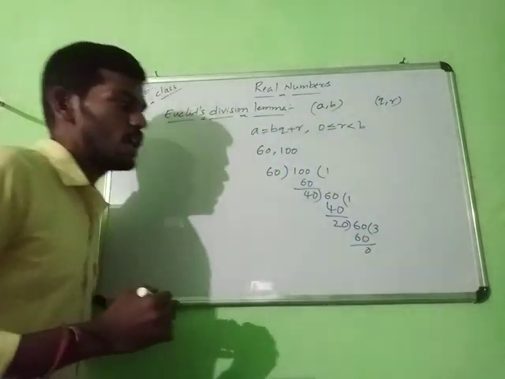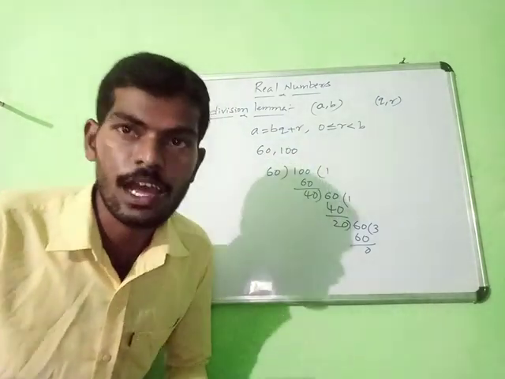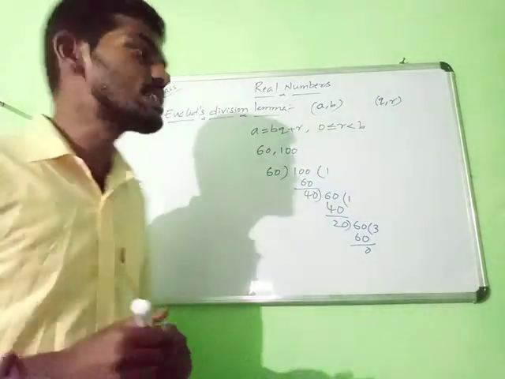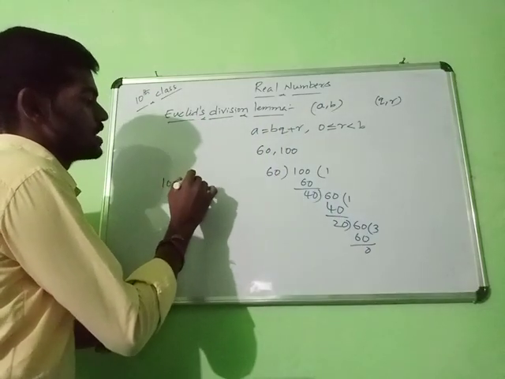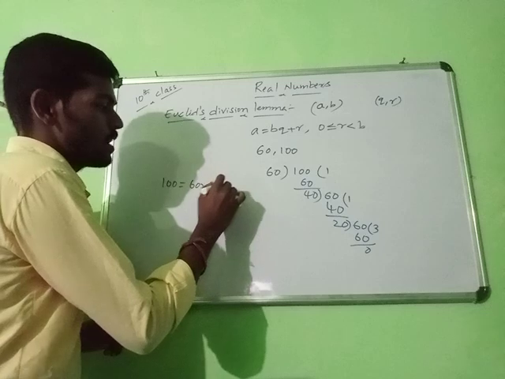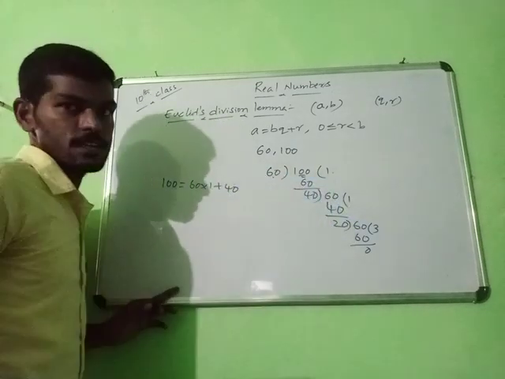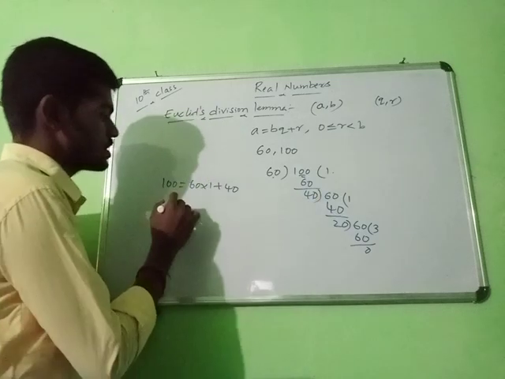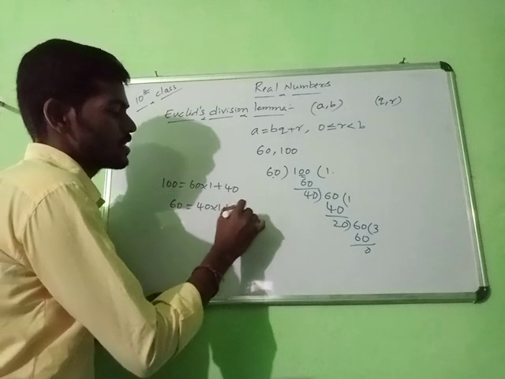Now how to write Euclid's algorithm? 100 is equal to 60 into 1 plus 40. And then the next step: 60 is equal to 40 into 1 plus 20.